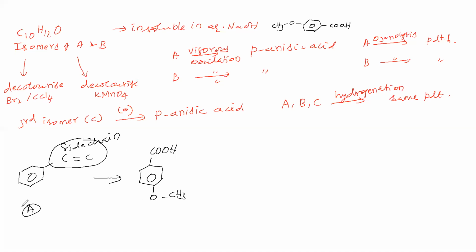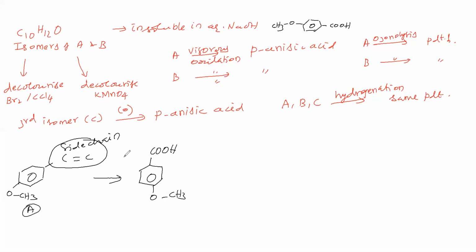Therefore, at the para position an ether should be there, which does not go for oxidation. Here at the para position the ether is there, and it does not go for oxidation. So the side chain can undergo oxidation. Now when will the side chain undergo oxidation?